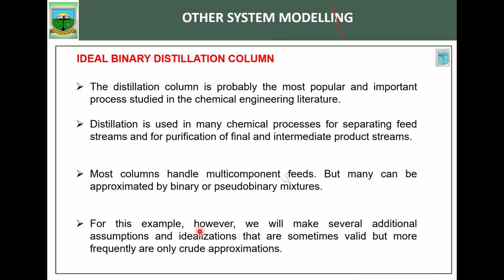We say that distillation is used in many chemical processes for separation of streams and for purification of the final product. In fact, in almost most of the processes you end up using the distillation process to separate the products.